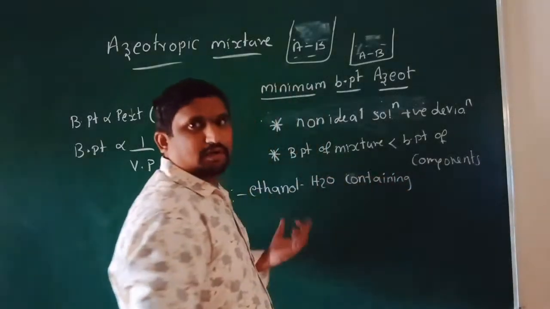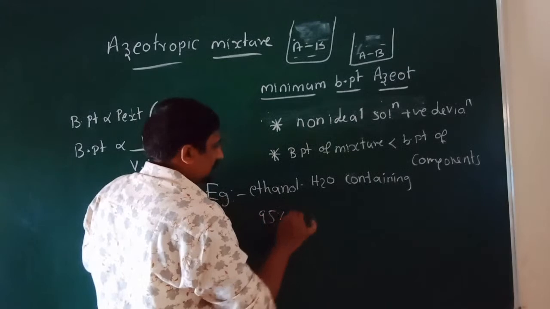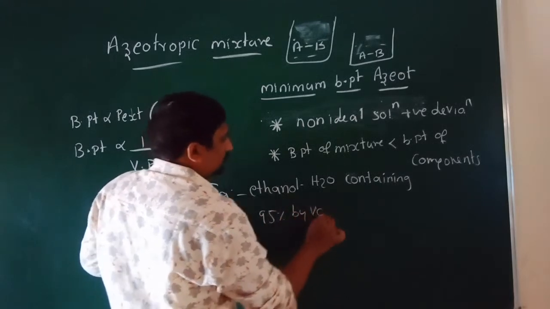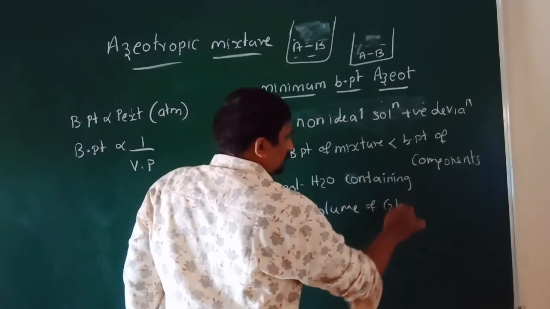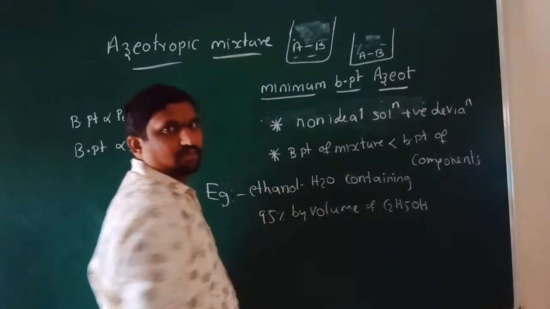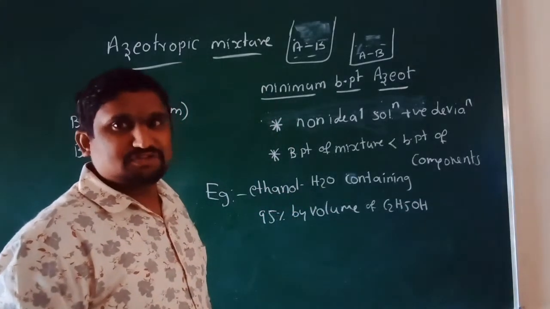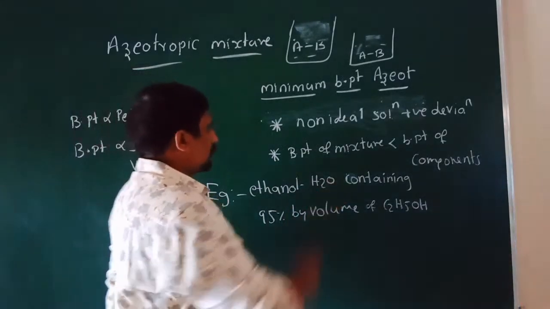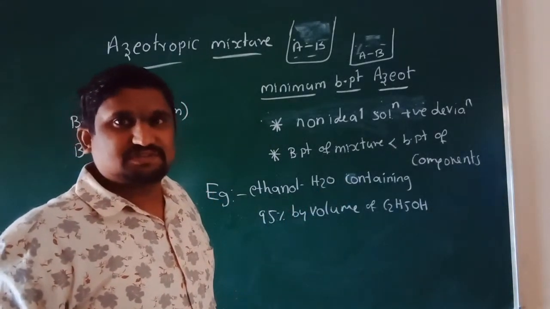In this mixture of ethanol and water, 95% by volume of ethanol is present. It is the best example of a solution exhibiting a minimum boiling point azeotropic mixture.